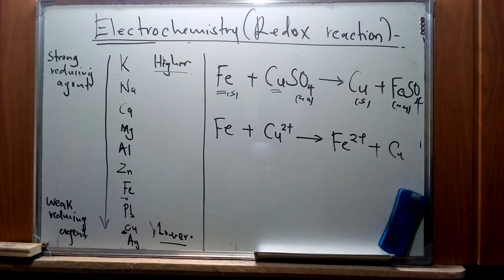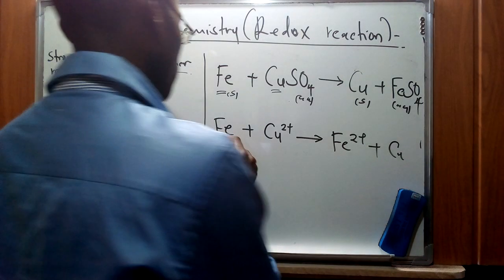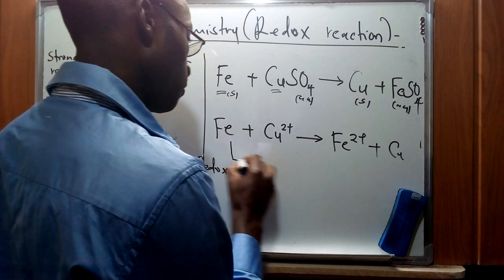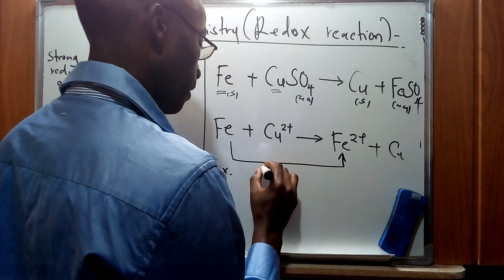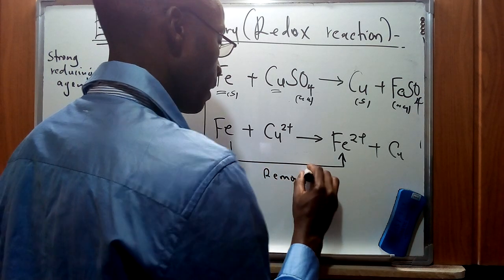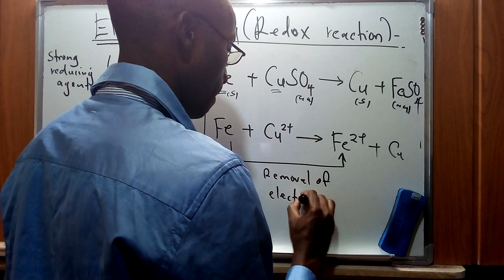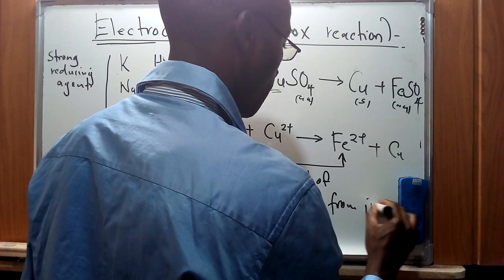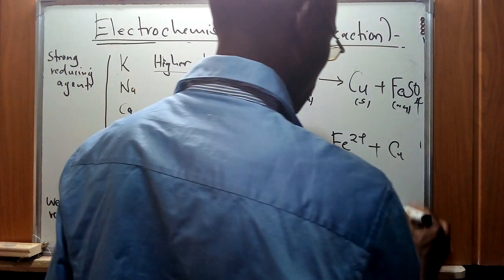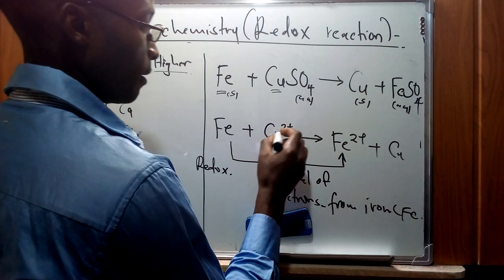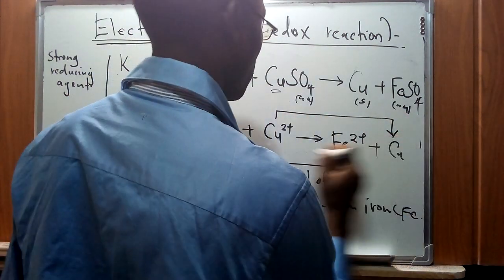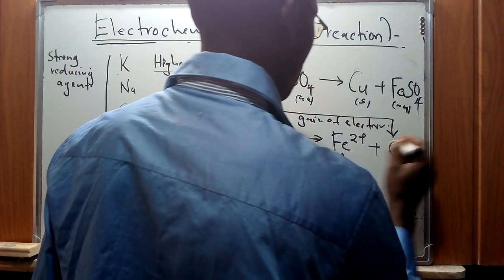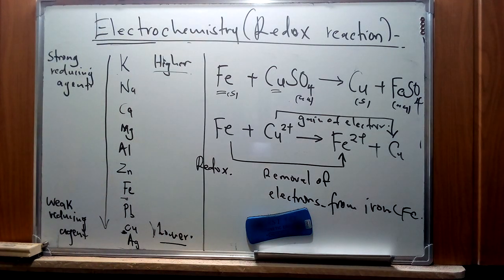So this kind of reaction is what we call a redox reaction, whereby there's removal of electrons from iron, which of course is losing 2 electrons, and there's gaining of 2 electrons by copper, which of course is gaining 2 electrons from iron.